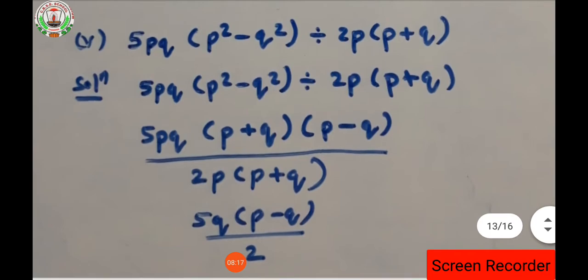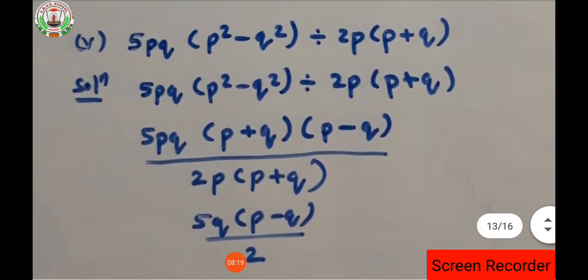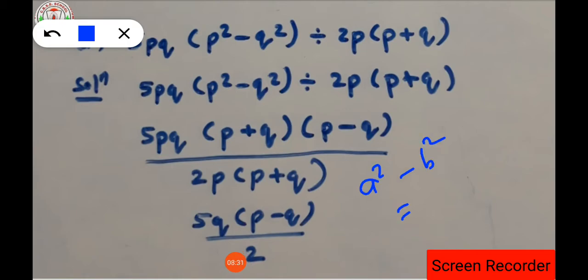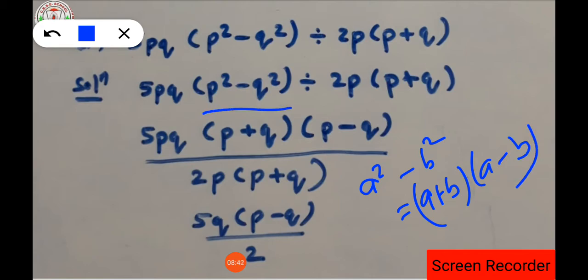5pq into (p square minus q square) divided by 2p into (p plus q). Now here, a square minus b square is equal to, what's the formula or identity? A plus b into a minus b. This is the identity which is going to be used. So here p square minus q square is written in the form of the identity, that is (p plus q) into (p minus q).